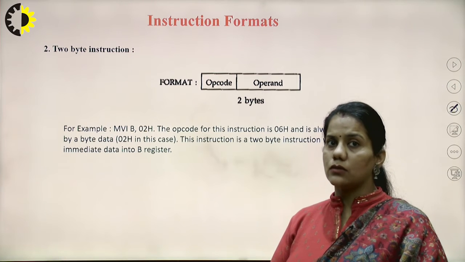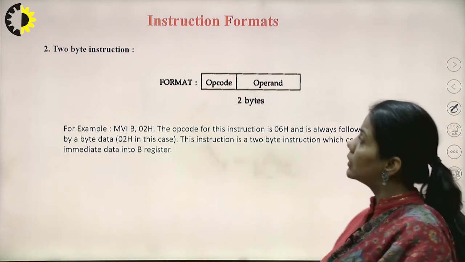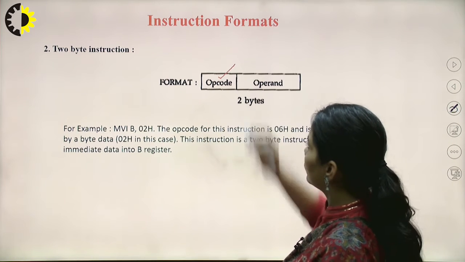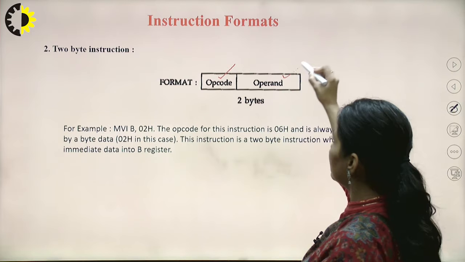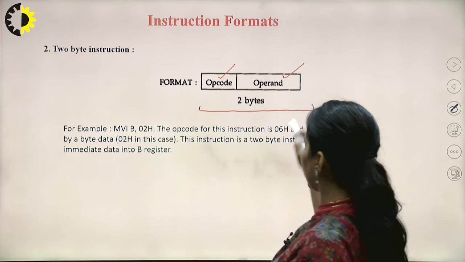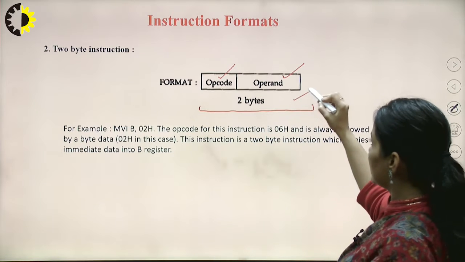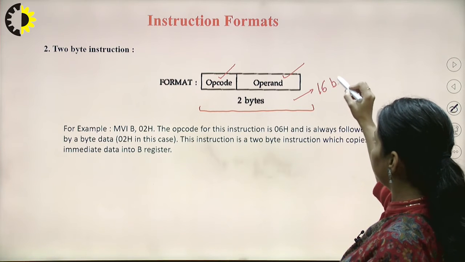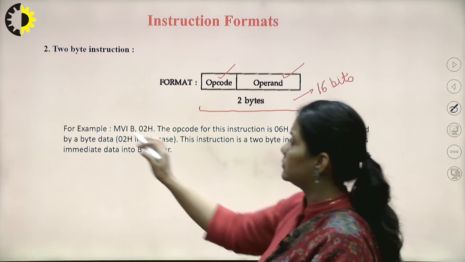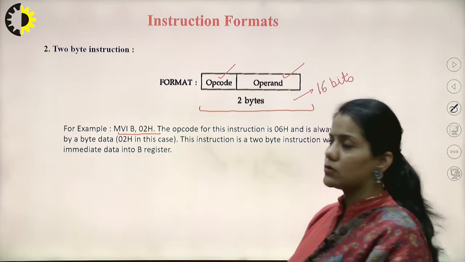Another format is the 2 byte instruction. In this format, the first byte is the opcode and the second is the operand. So it consists of 2 bytes, that is, 16 bits. For example, MVI B, 02H.